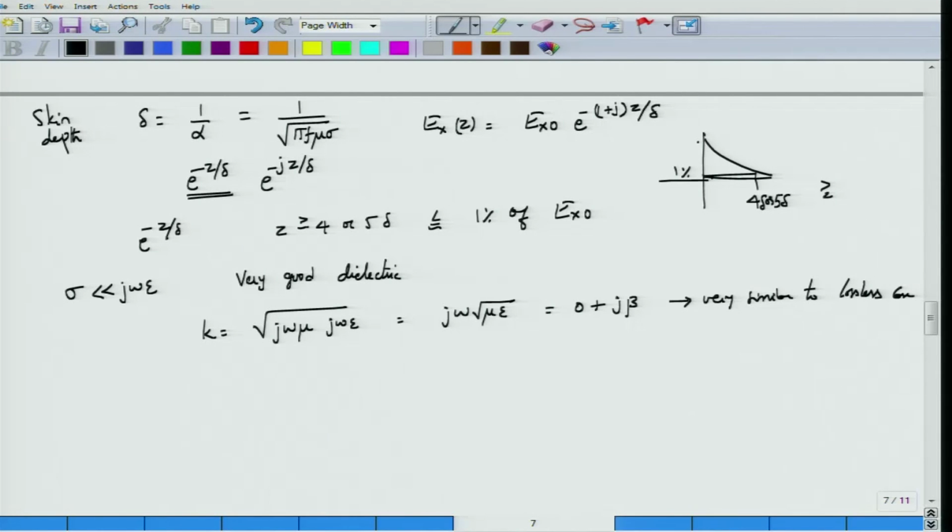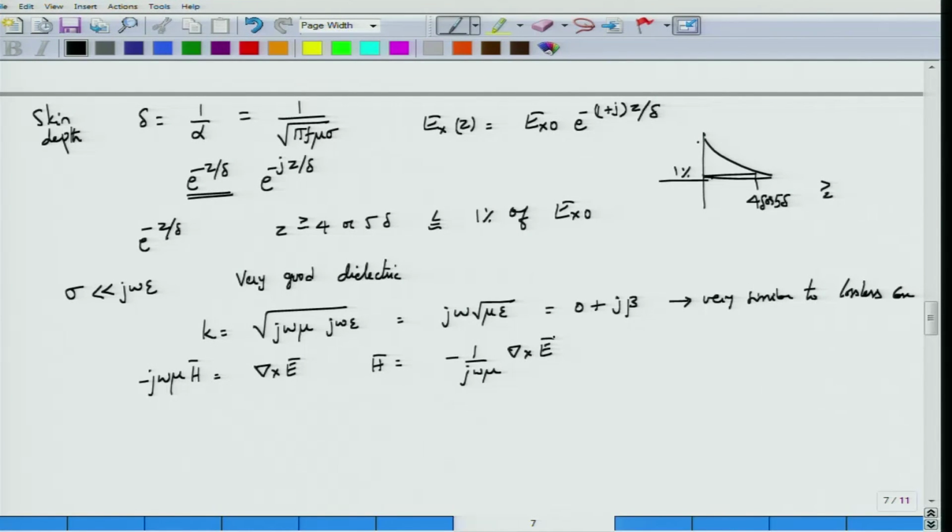It is also interesting to look at what would be the impedance eta, right. I already know from Faraday's law that minus j omega mu H will be equal to curl of electric field, right. So therefore H will be equal to minus 1 by j omega mu curl of electric field.